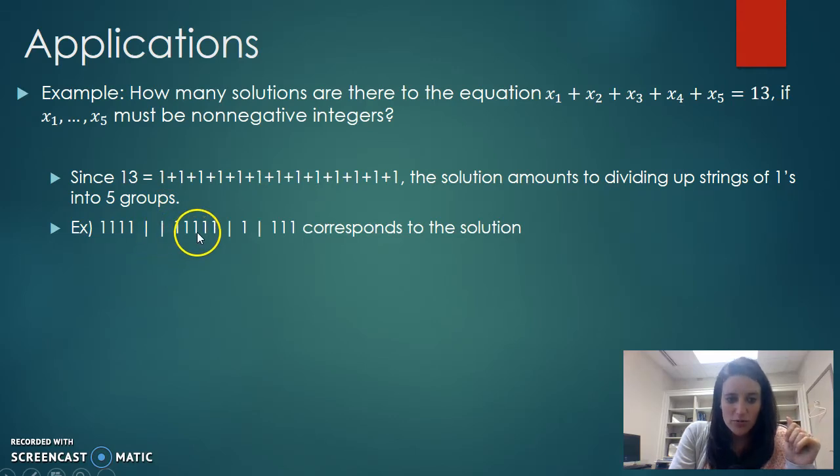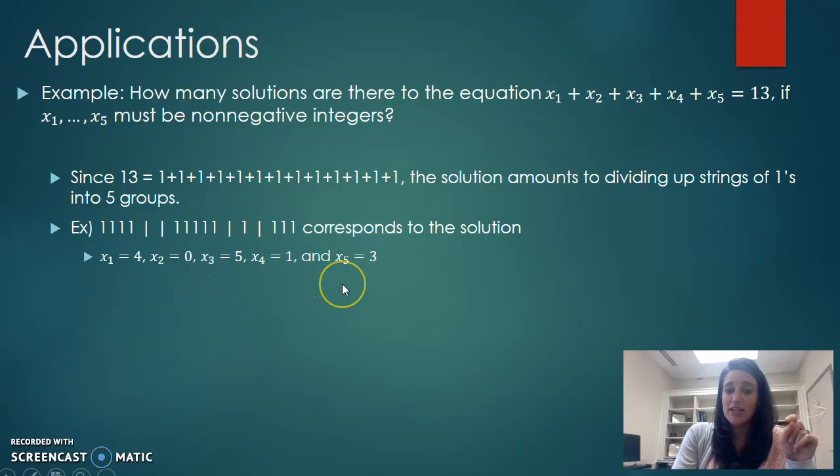And then 1, 2, 3, 4, 5 ones and another vertical line, 1, 1 and another vertical line, and then 3 ones. That means my groups are 4, 0, 5, 1, and 3.